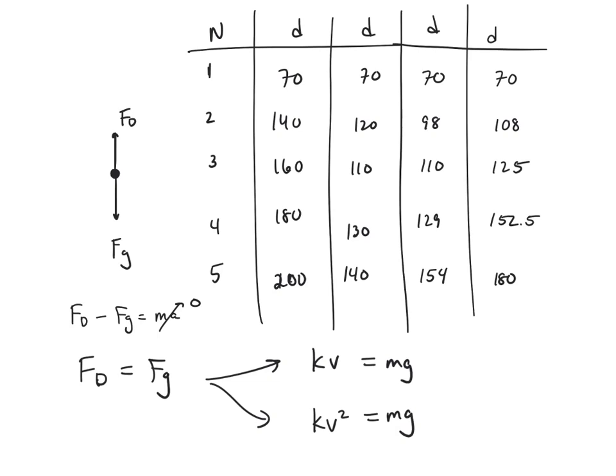So we can do this several different ways. First, we can recognize here that mg is really the same thing as the number of filters. And let's think about that for a second logically. Let's just use logic here. If I have double the filters, I'm only doubling the mass, right? I'm not changing gravity here, it's still 9.8. If I have triple the filters, I'm tripling the mass.